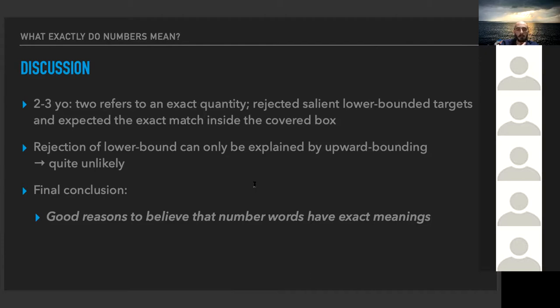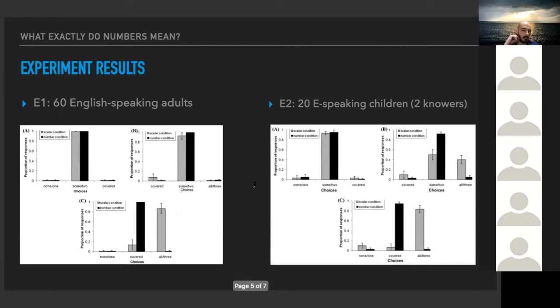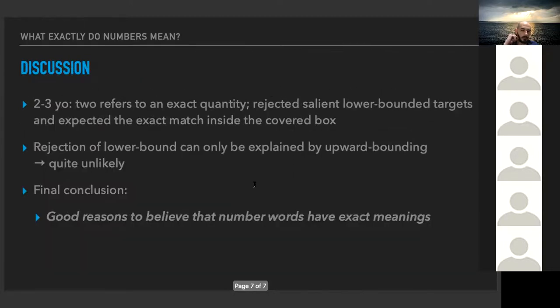And second, the interpretation of number words was obviously in contrast with the interpretation of the scalar terms, as our experiments showed before. So the final conclusion of the paper is that now we've got some good reason to believe that number words do have exact semantics. However, I'm still not 100% convinced.